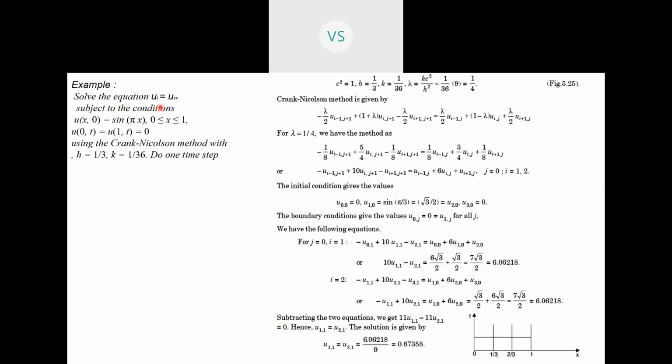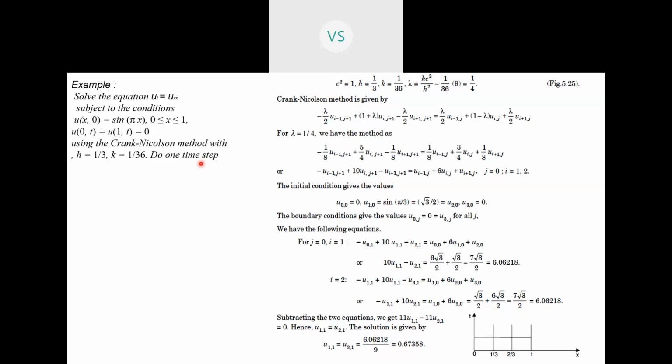Solve the equation del u by del t is equal to del square u by del x square, subject to the conditions u(x, 0) is equal to sin pi x, x in the interval 0 to 1, u(0, t) is equal to u(1, t) is equal to 0, using the Crank-Nicolson method with h equal to 1 by 3, k equal to 1 by 36, do one step.